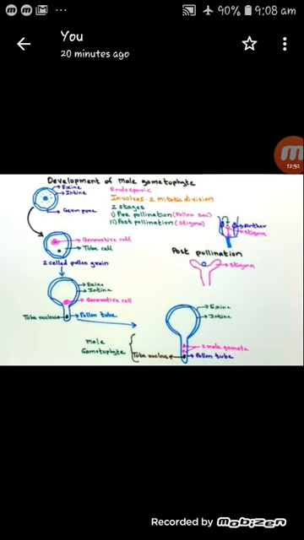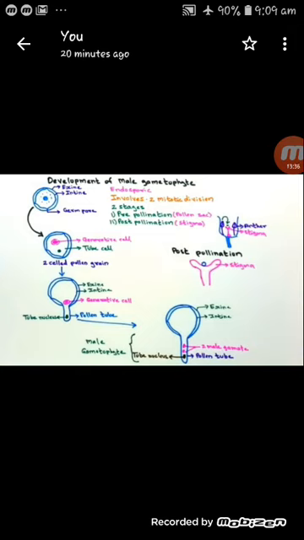Generative cell pollen tube के अंदर आता है. फिर ये generative cell gets divided into two non-motile haploid male gametes. Okay, so you can see in the diagram, this pollen tube is formed. Generative cell divides into two male gametes which are haploid and non-motile.